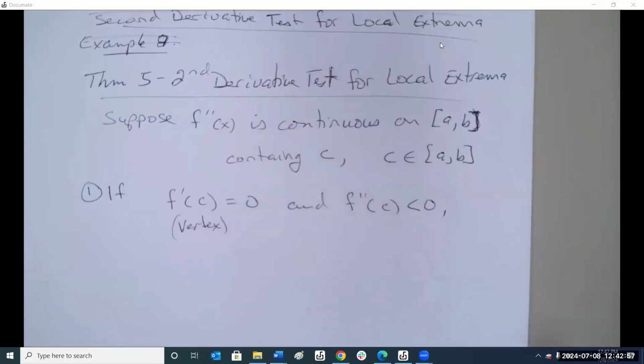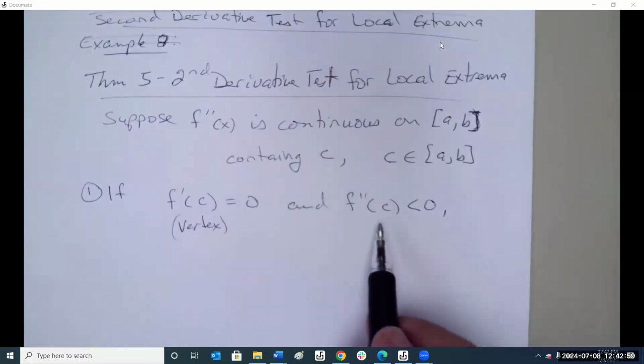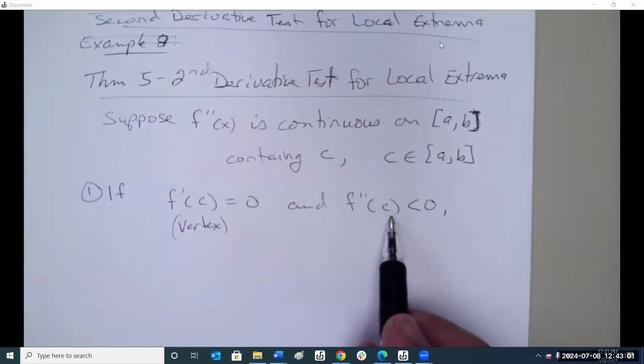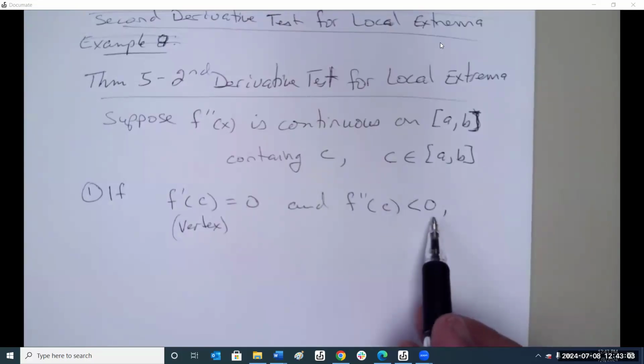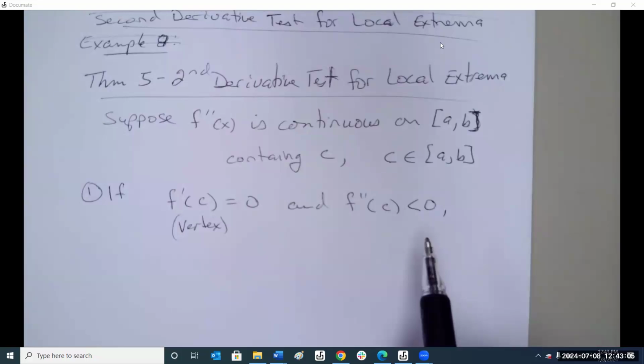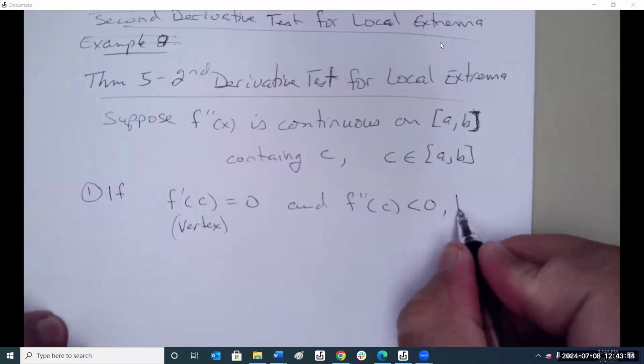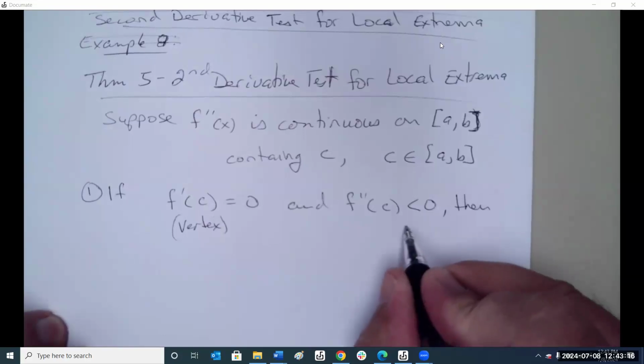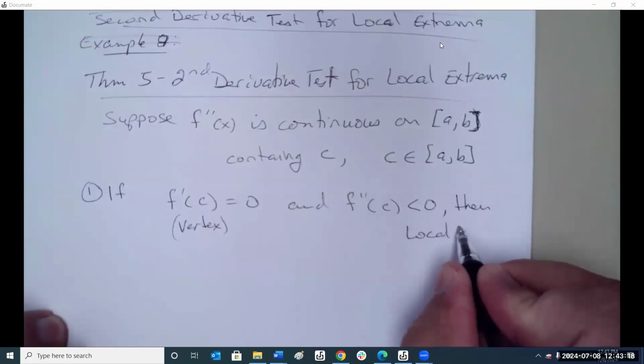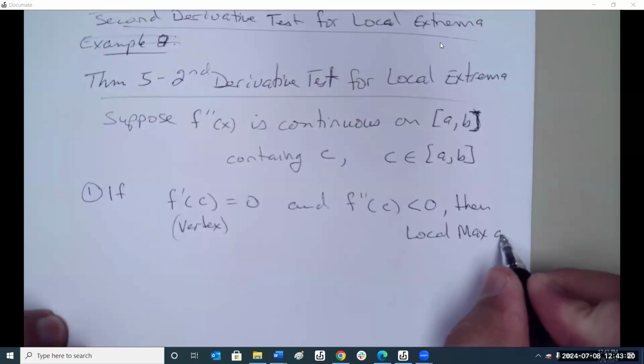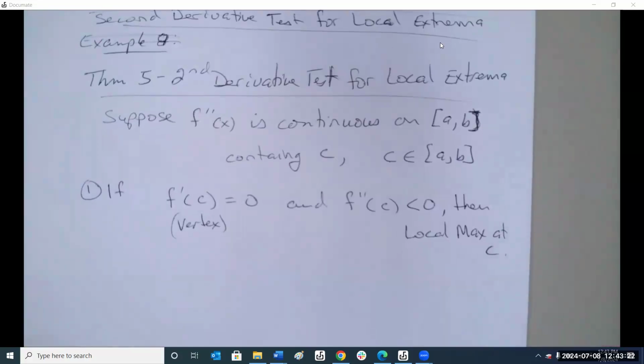It's a vertex, horizontal slope. And if the second derivative, concavity, is negative, do we have a maximum or minimum? Maximum. Then we have a local max at that point C.